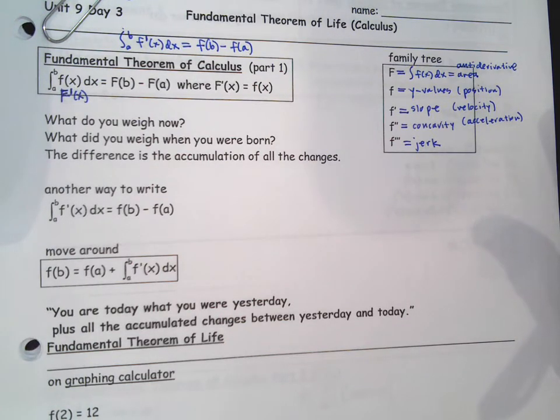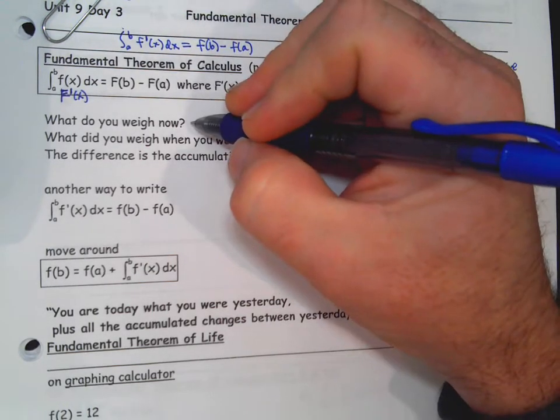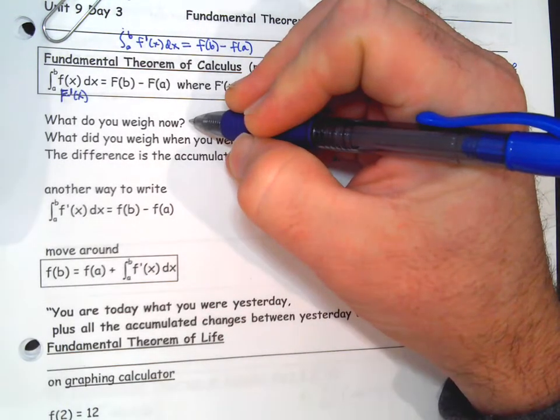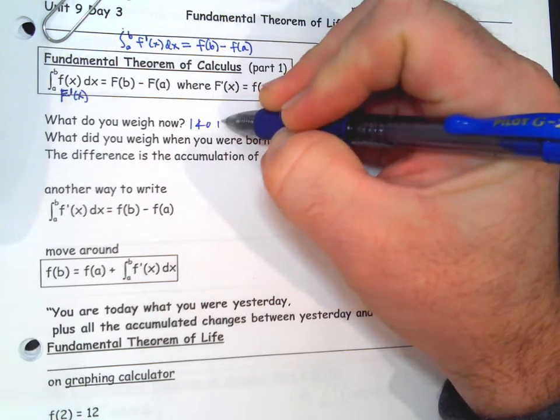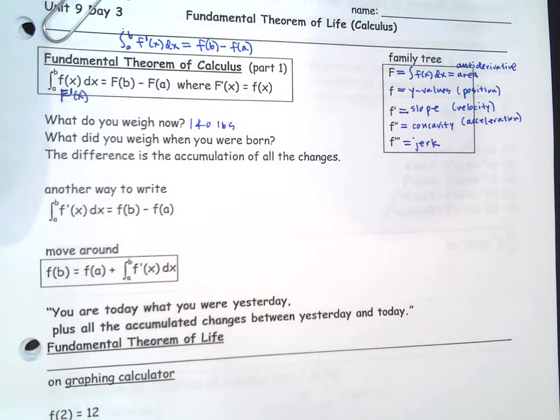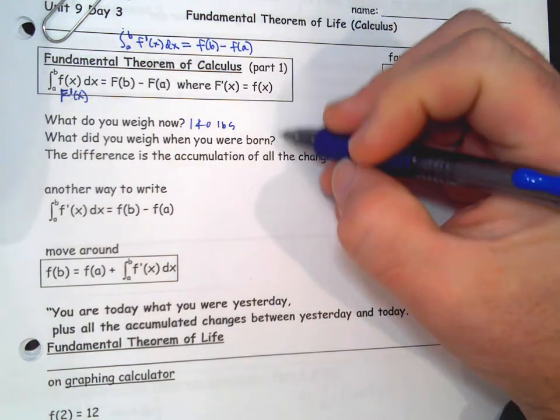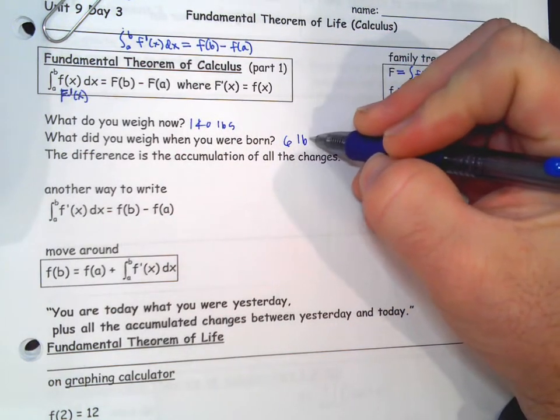So let's relate this idea to a more real life situation. Like, what do you weigh now? Let's say you weigh 140 pounds. And what did you weigh when you were born? Say 6 pounds. Okay.